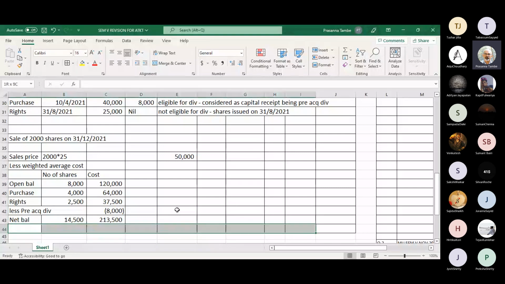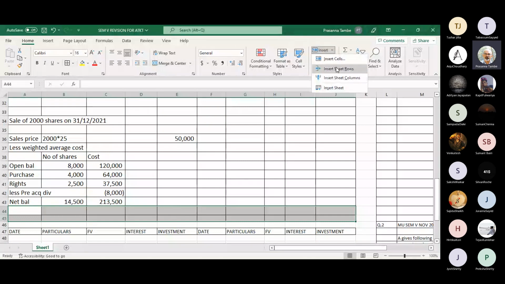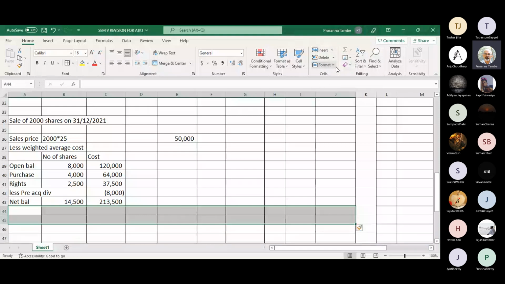Okay. So we will reduce the weighted average cost here now. Whatever is sold, to that extent proportionately we will reduce the weighted average cost. Just a minute, I'll need a couple of more rows. So how will you reduce the weighted average cost?